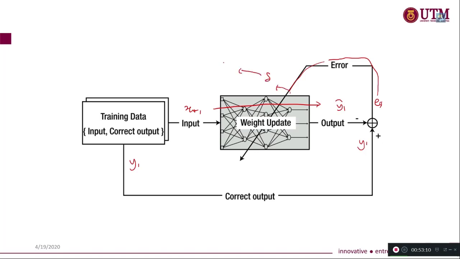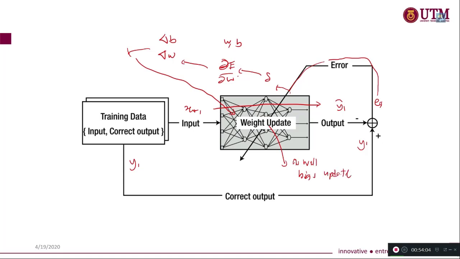From the delta, you get the gradient of your W, and from the gradient of your W, you get the updater of your W. Not only W, but also your B. From this gradient you get the updater of your W and your B. From there you update your weight as well as your bias.